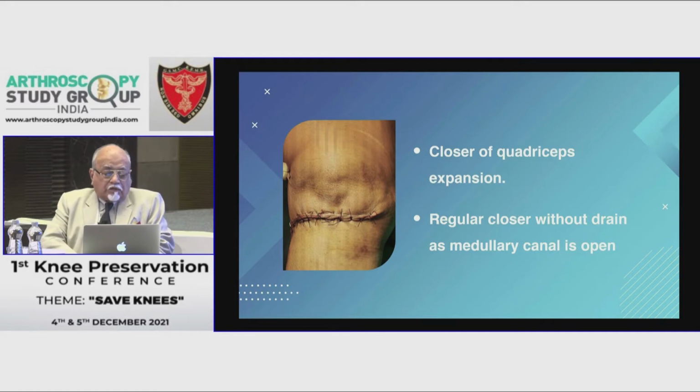Closure of the quadriceps expansion and regular closure of the wound is done without drain because medullary canal is opened up.